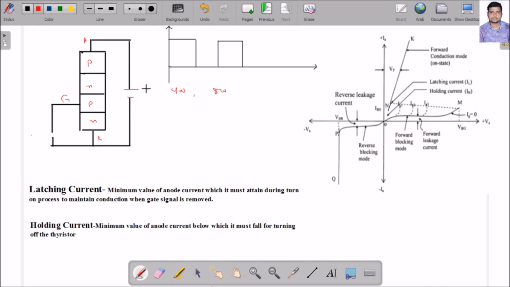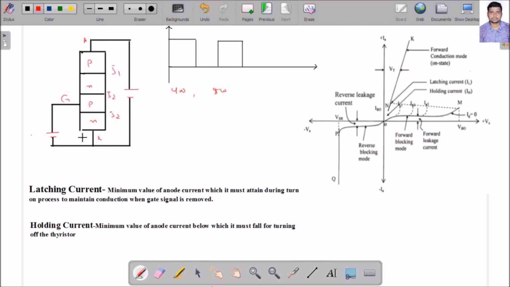So to reduce the VBO requirement, I give a gate signal: positive supply to the gate and negative supply to the cathode. Then the voltage requirement is that needed to break junction J2, because here it is J1, J2, and here J3. With the gate signal, the voltage requirement to break junction J2 decreases.